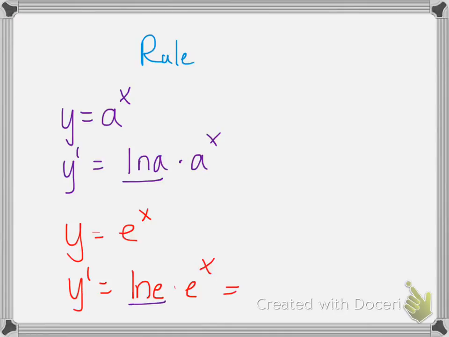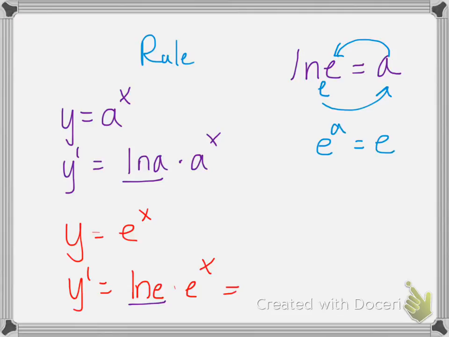If I figure out what natural log of e is, what that means, and I know it's been a while for some of you, but let's say we were trying to figure out, I'm going to call it a instead of y, what natural log of e was. Well, you put an understood base of e, since it's natural log. You raise it to that power, and it equals that. So natural log of e equals a means e to the a equals e.